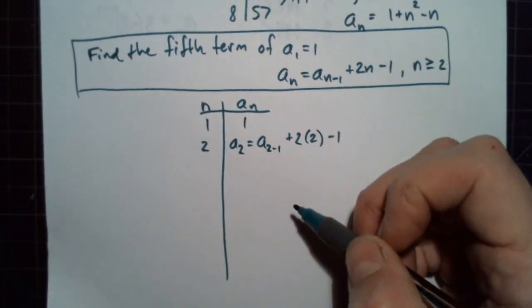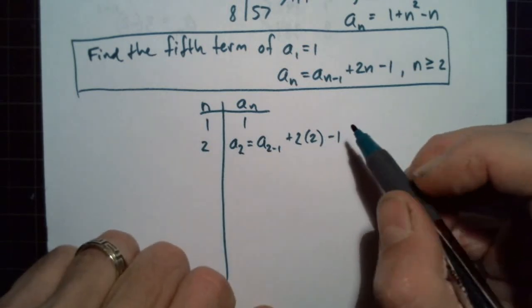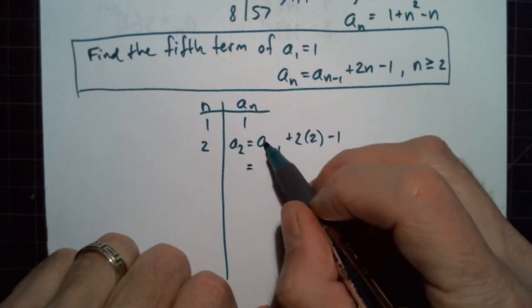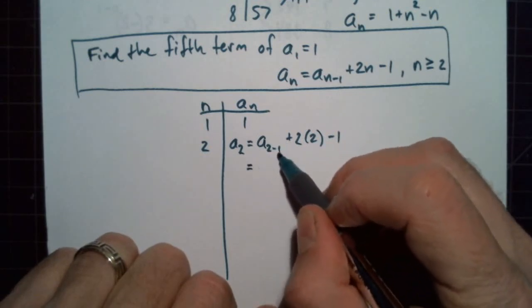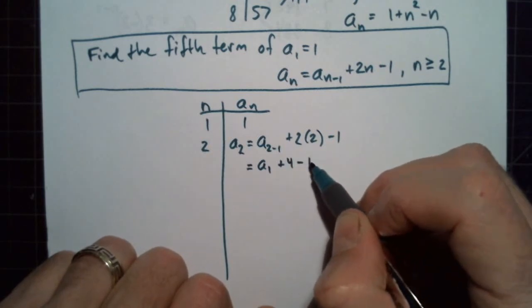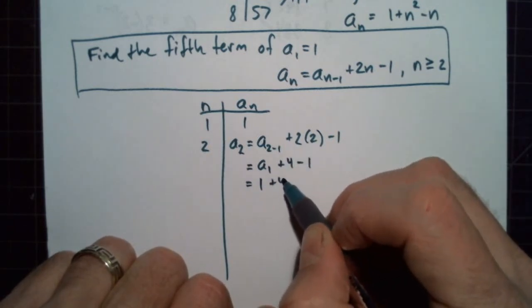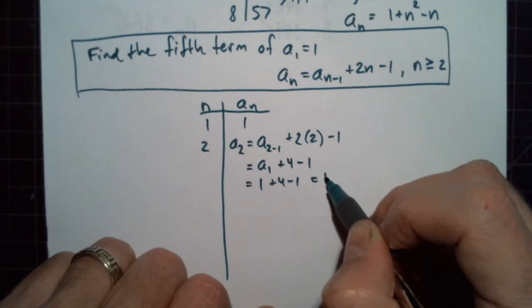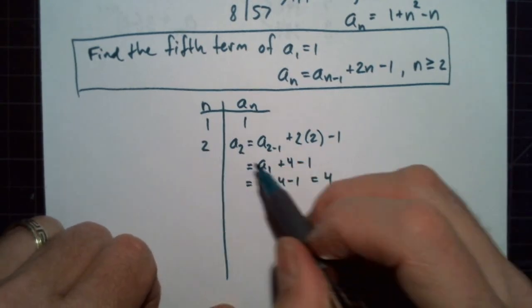Then this is A1 plus 4 minus 1. 1 plus 4 minus 1 equals 4. So we know that A2 is 4.